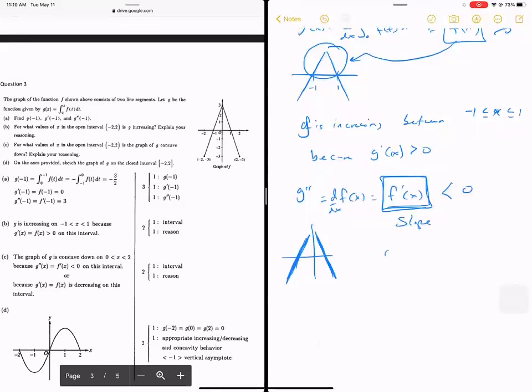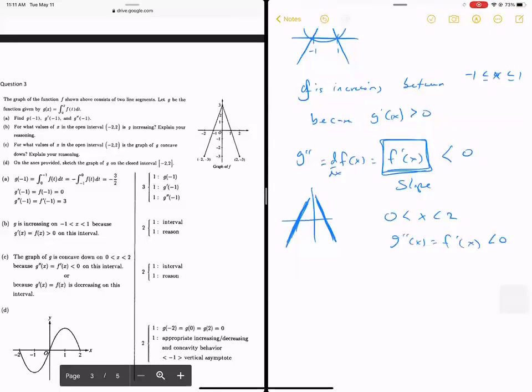So this happens between 0 and 2, because g double prime, which is our f prime, is less than 0. Right? It's all about looking at these pictures.